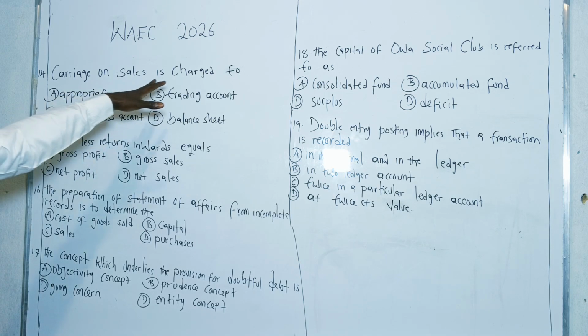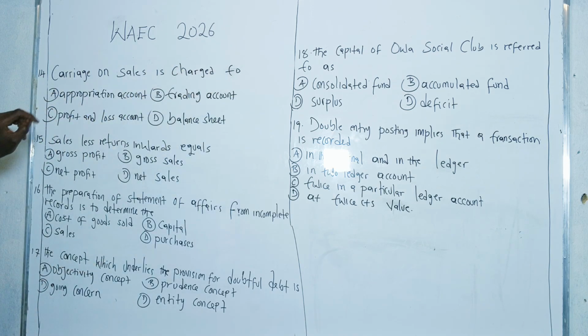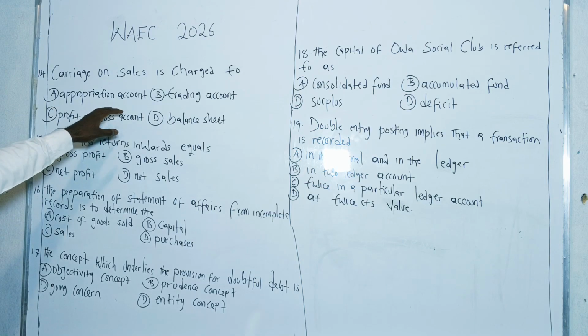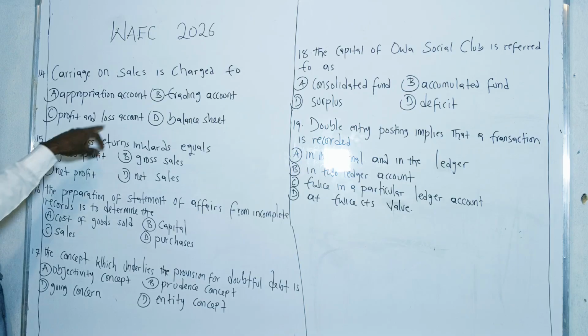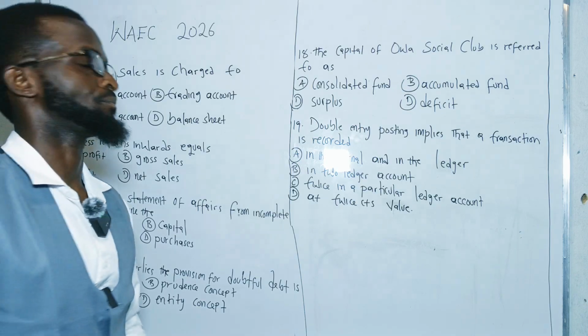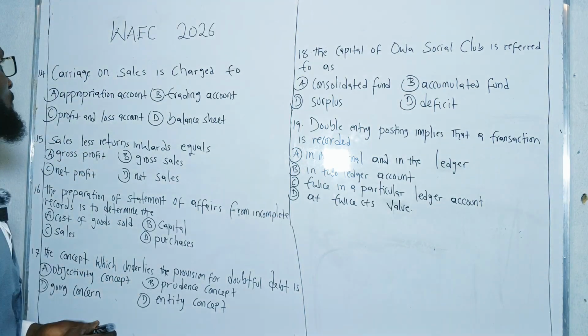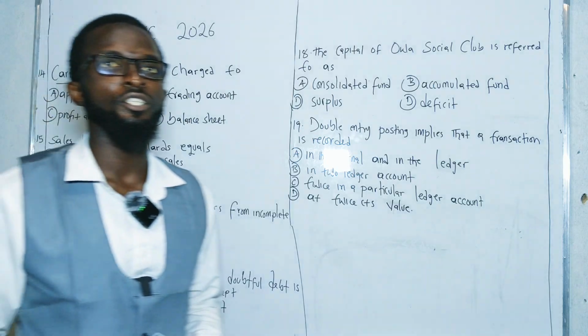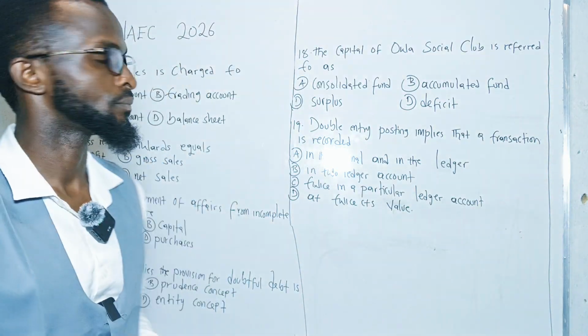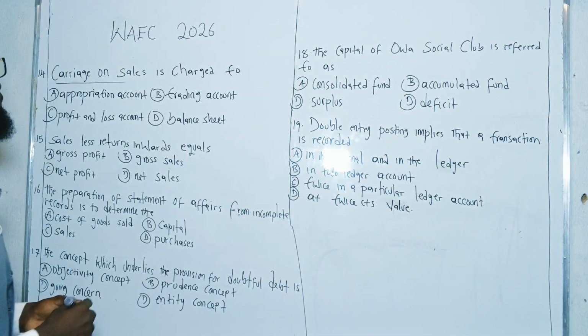Now, carriage on sales, question 14. Carriage on sales is charged to: A, appropriation account. B, trading account. C, profit and loss account. D, balance sheet. This carriage on sales is like carriage outward.